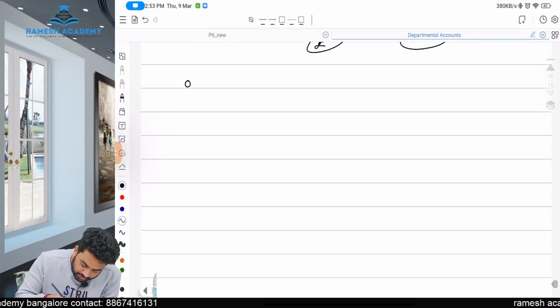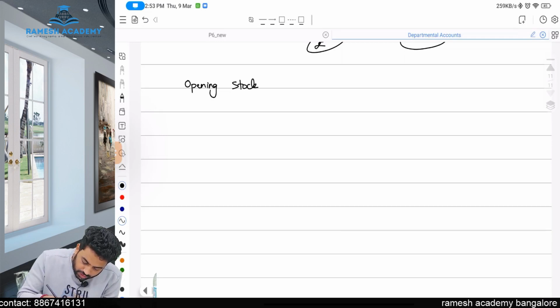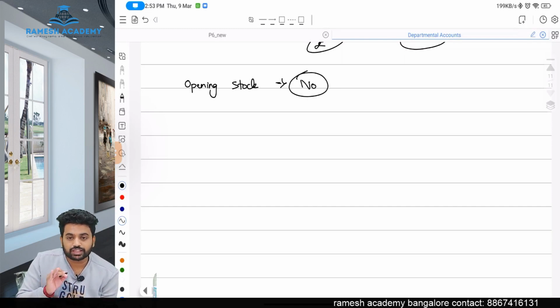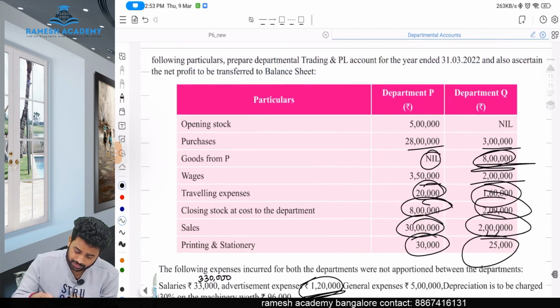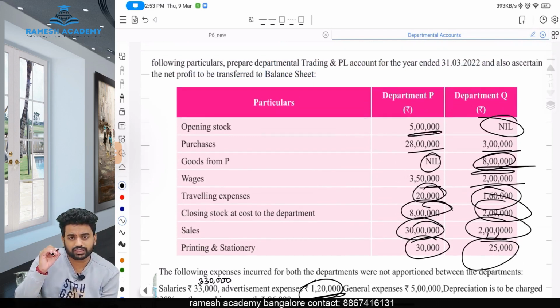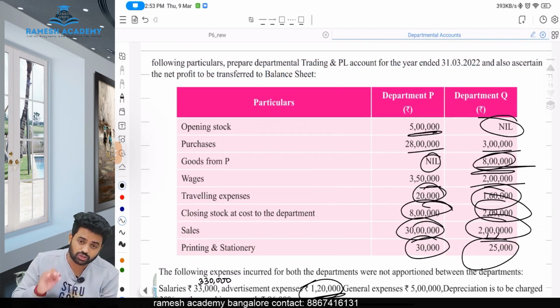Is there any opening stock in the books of Q? No, it is nil, which means there is no stock reserve in the opening stock. Because P is sending and Q is receiving, if any stock reserve is there, it should be in the books of P only, not Q.